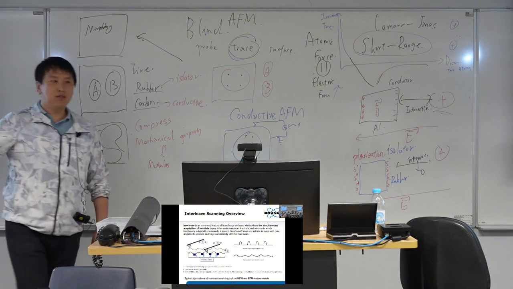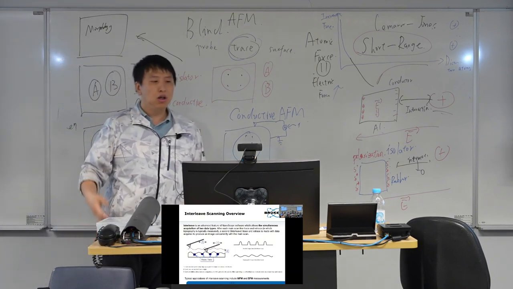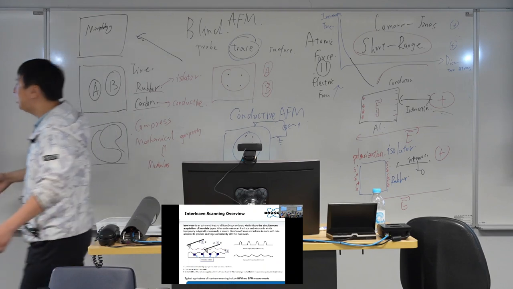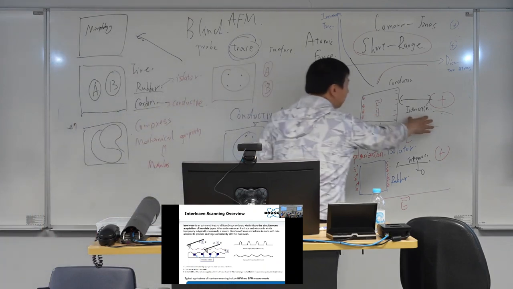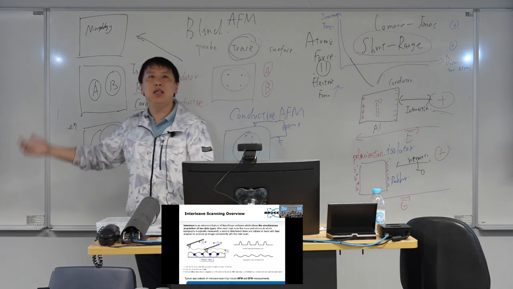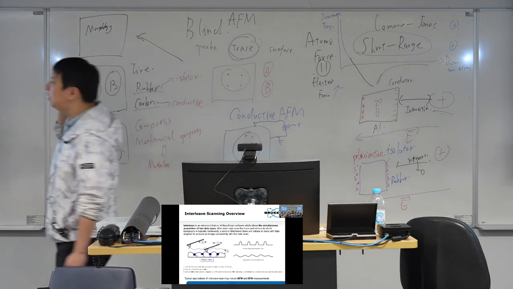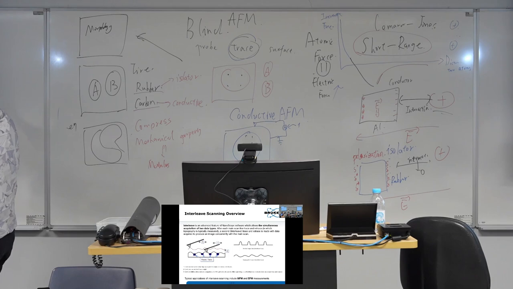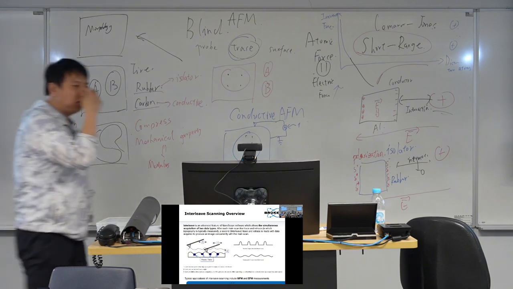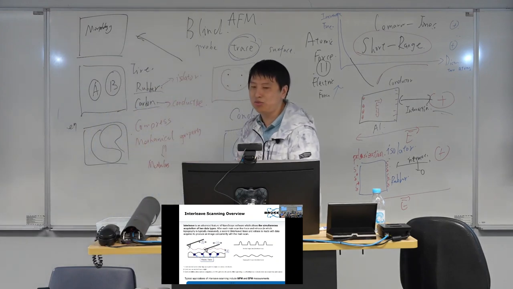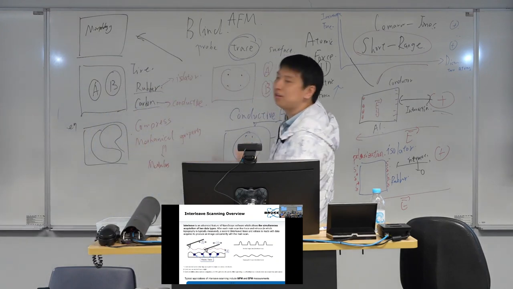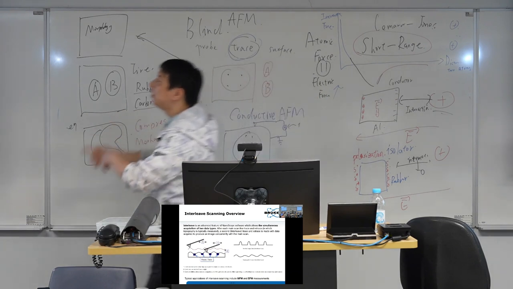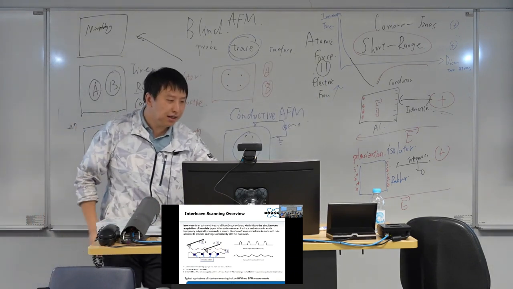The charges on the surface will be the source of electric fields. They will generate an electric field, and if the tip can sense the electric field interaction, it can sense some force. This force will be from the charges. So in this way, we can tell which part is charged and which part is not charged. That's the idea of the interleave scan. Okay.